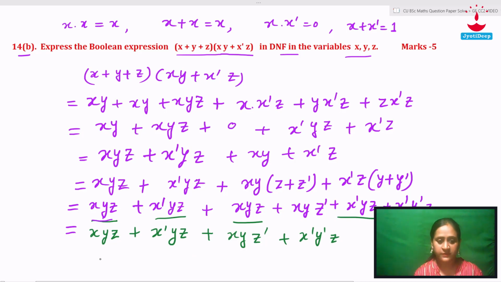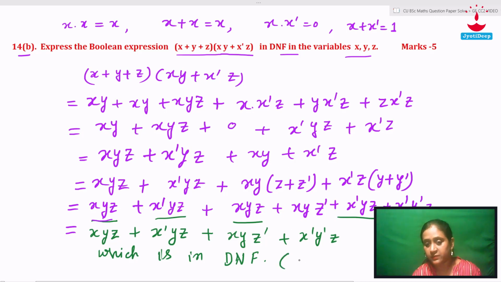Which is in DNF, disjunctive normal form.